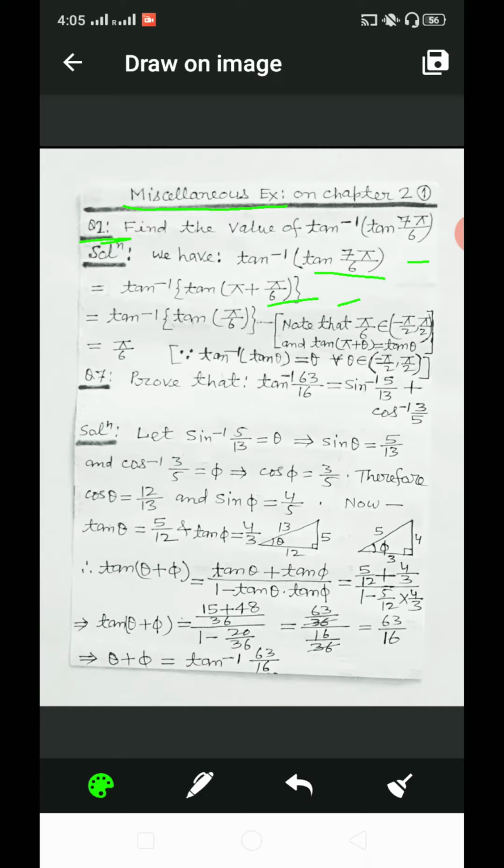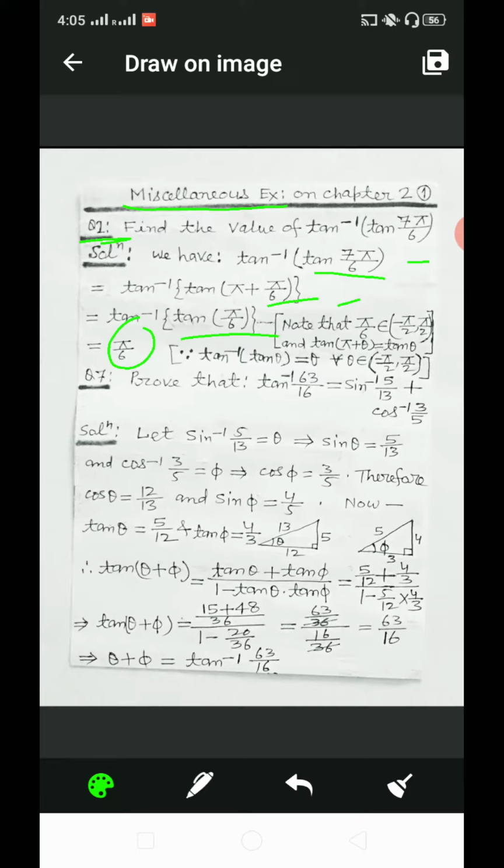Why? Since tan (pi plus theta) is equal to tan theta, and pi by 6 also belongs to the principal value branch of tan inverse x, this is equal to pi by 6.